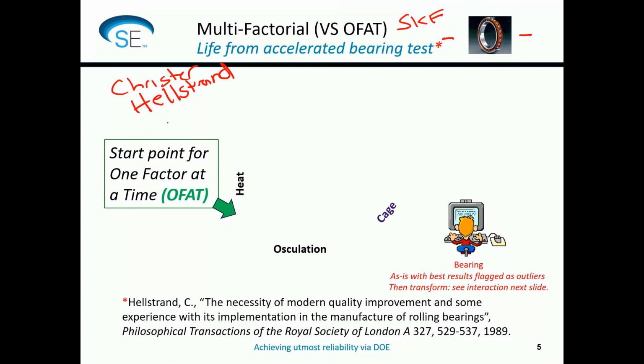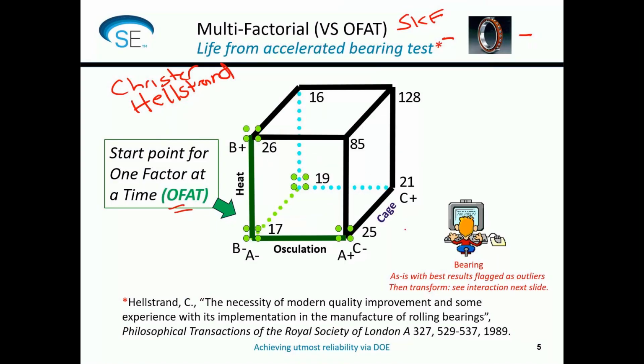So when Christer came to Wisconsin, he realized that the Swedish engineers, when they tried their one factor at a time approach, were bound to fail unless they got really lucky by simply looking at one factor, which was called oscillation, that they thought would be most important, which would be the radius of the bearings to the cage.